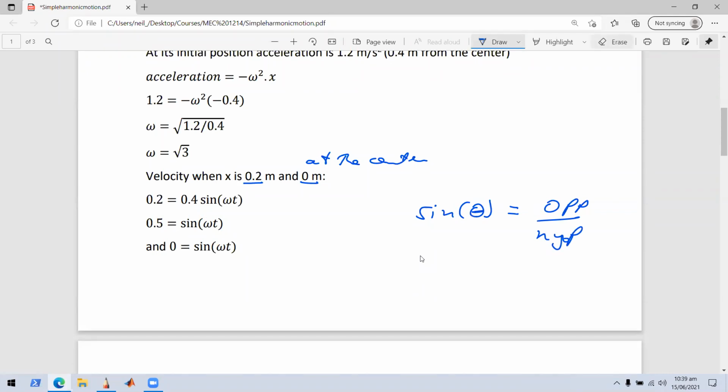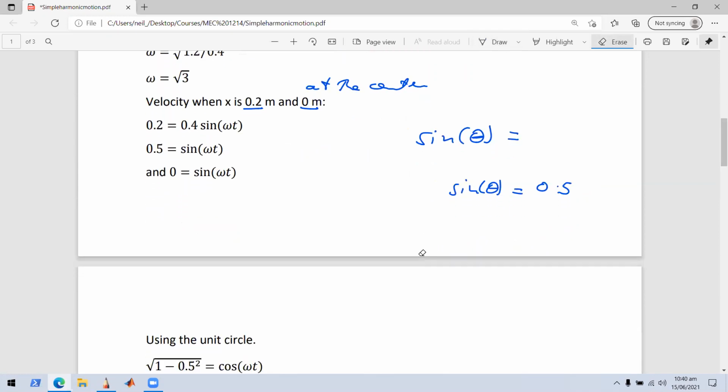If you assume this hypotenuse is 1, then we're left with 1 times sine of theta is equal to that opposite, right? Now we can rewrite this saying that the opposite is 0.5, and this here is just sine theta.